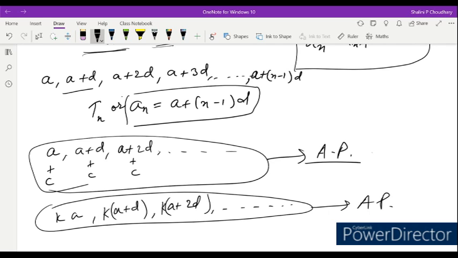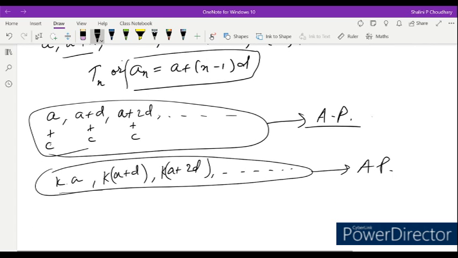Whenever we are adding a constant, subtracting a constant, or multiplying each term by a constant, the resulting sequence will be in AP. Similarly, if we are dividing each term by a constant k, the resultant sequence will also be in AP.